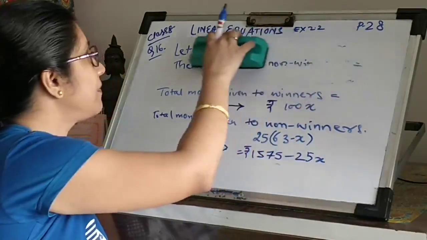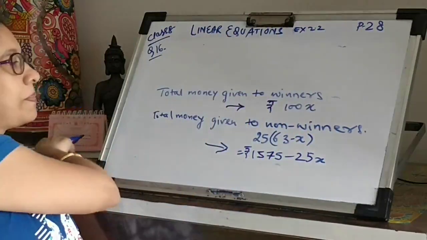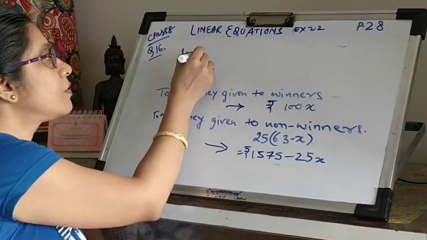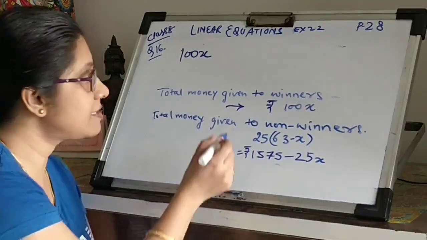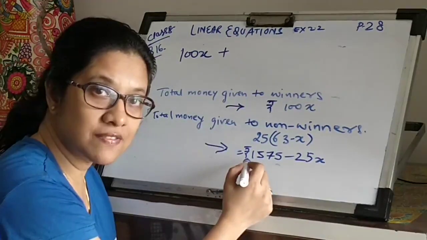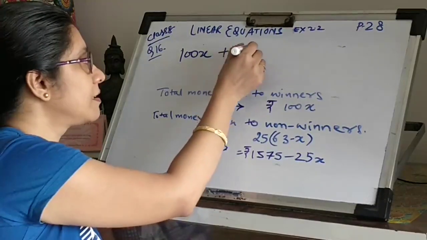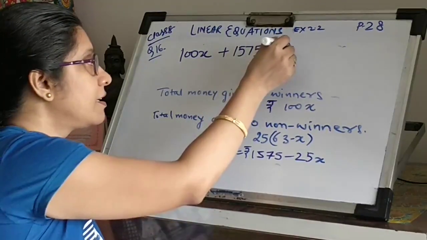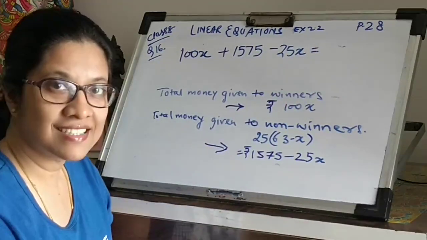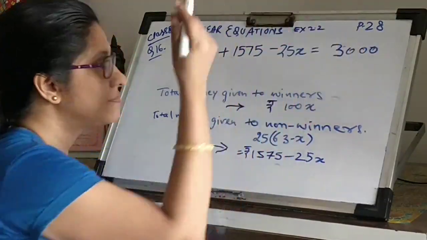The equation is 100x, the total money for the prize winners, plus the amount given to the non-winners, 1575 minus 25x, is equal to 3000.